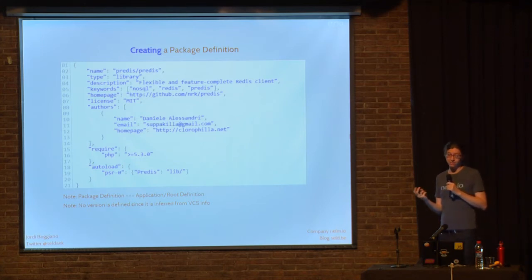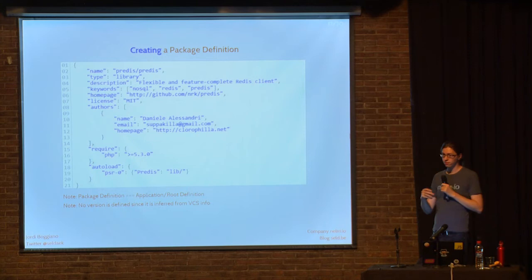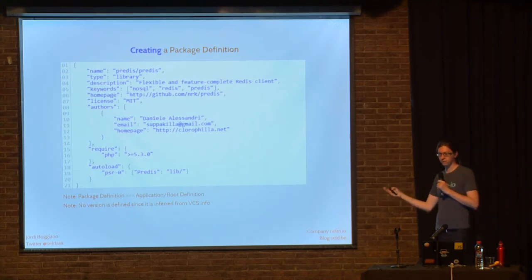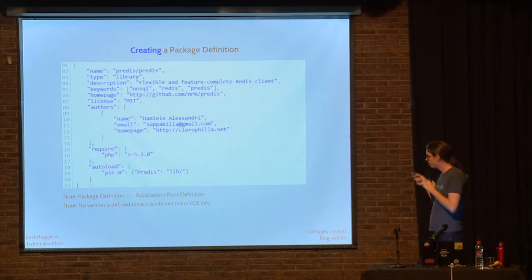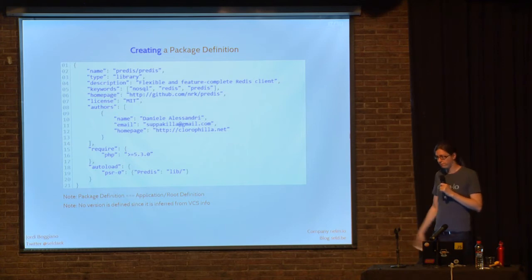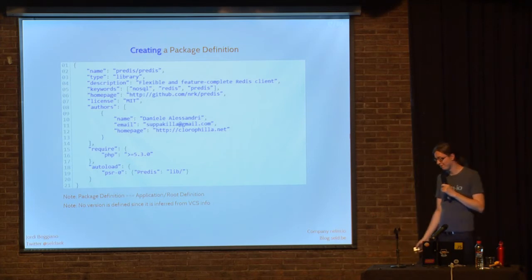To release something, all you do is a git tag and you push it, and you're done. Packagist will check your repo and see, okay, there's a new tag, so we create a new version for that, and it will read the composer.json in that tag, and you're done. So you don't actually need to specify the version. And if you do specify it, you'll probably have problems, so just assume you can't.